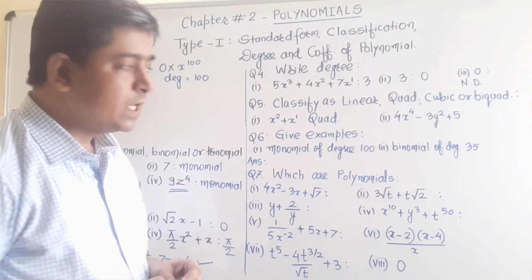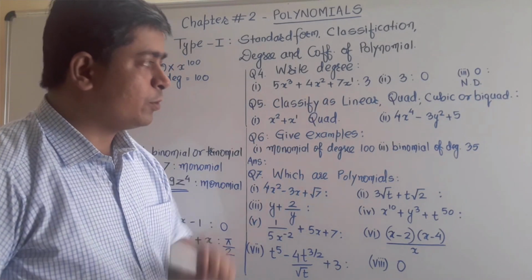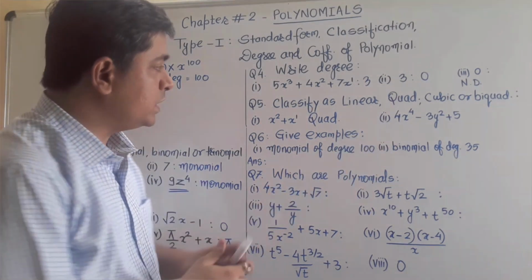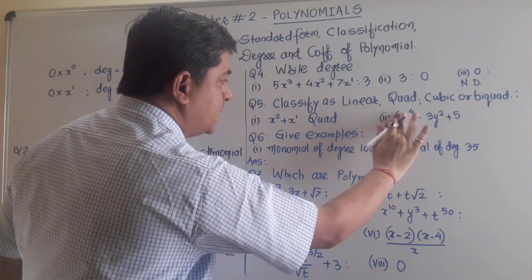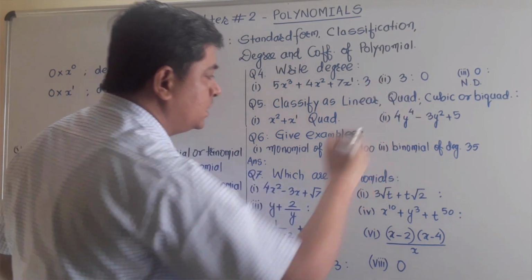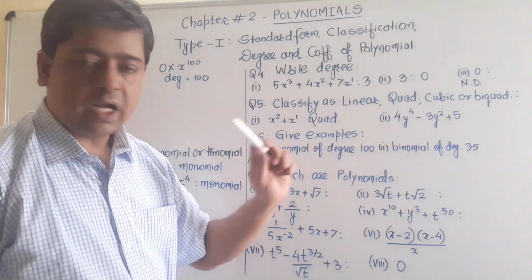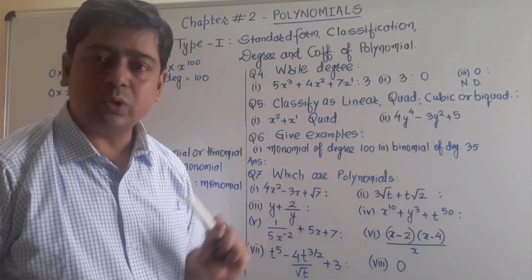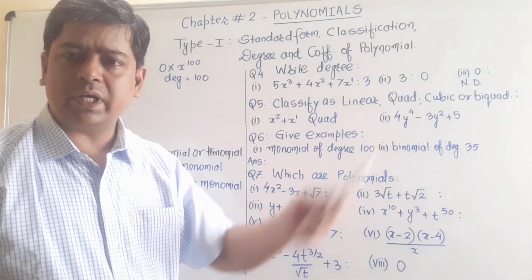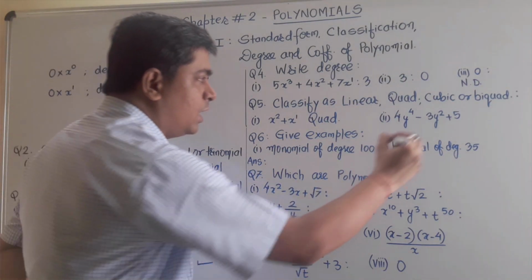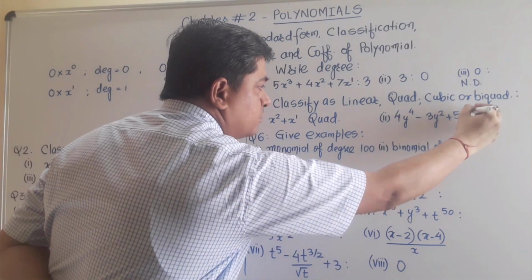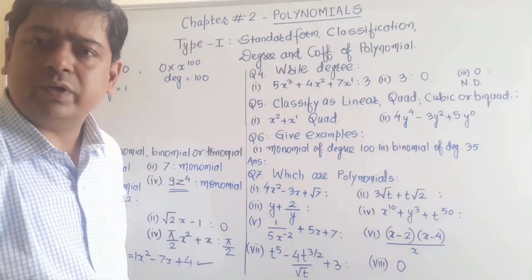Similarly in this polynomial, sorry, here I wrote x, please make it y. In this polynomial, the power of y is 4, here the power of y is 2, and 5 we can assume to be a variable term with power 0, because y to the power 0 is 1 and 5 into 1 becomes 5.